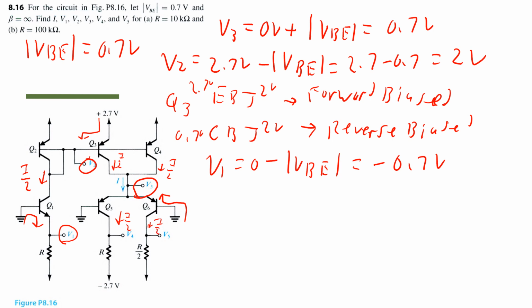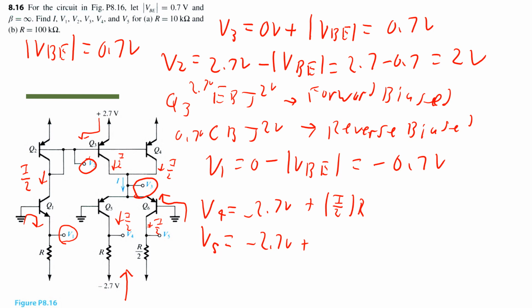And let's try to write some equations for V4 and V5. So if I wanted to write an equation for V4, and we're starting at the bottom now, that would be negative 2.7 volts plus the voltage drop across the resistor, which is R. So it would be plus I over 2 times R. And V5 would be very similar, negative 2.7 volts.